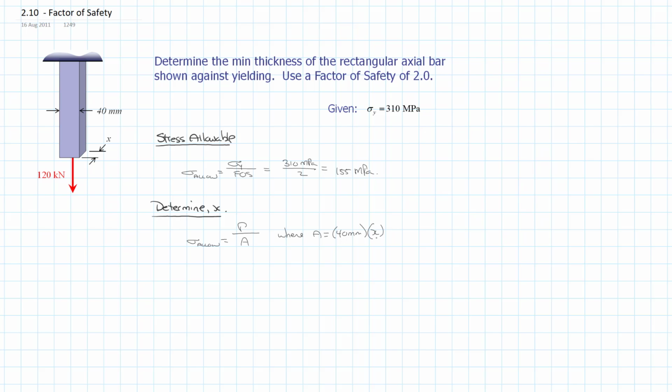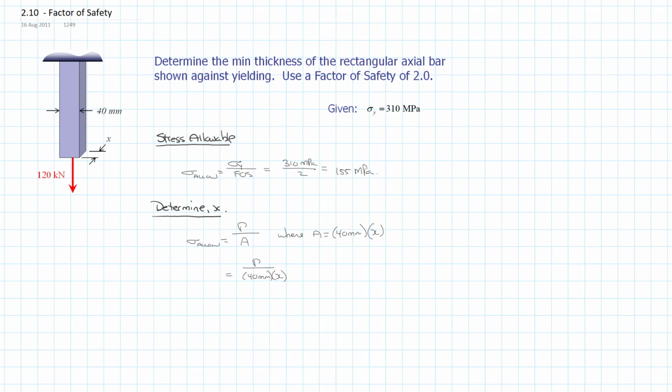So we can substitute 40 millimeters times x in for area, so allowable stress is equal to P over 40 millimeters times x.